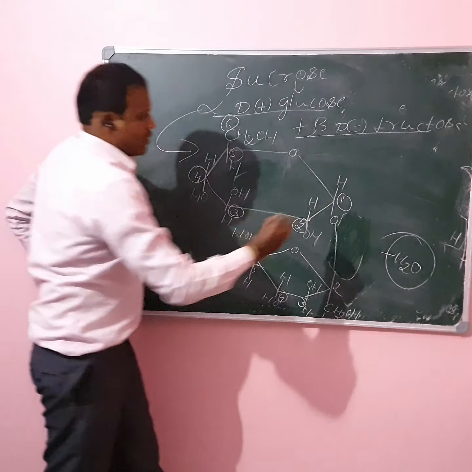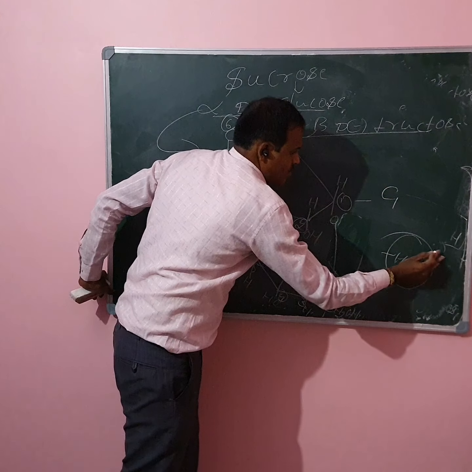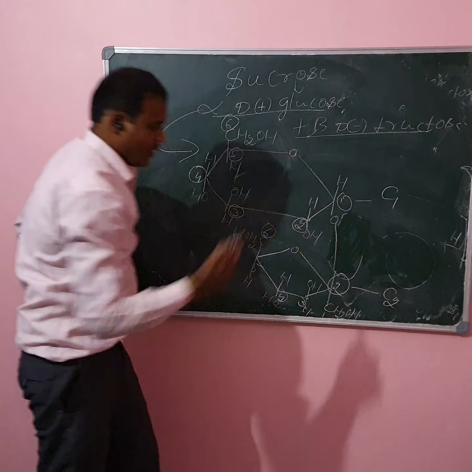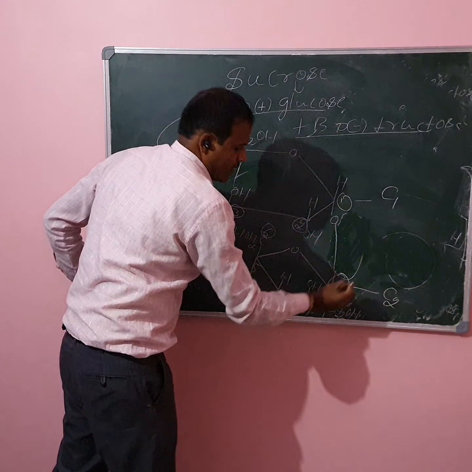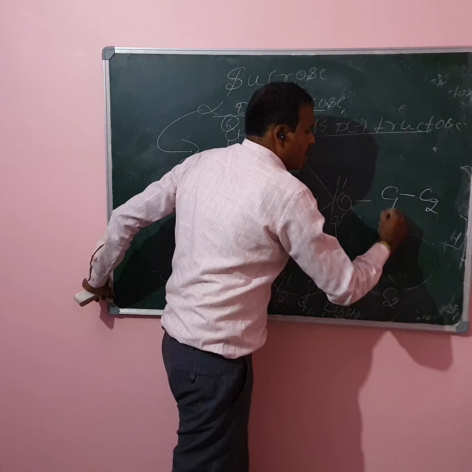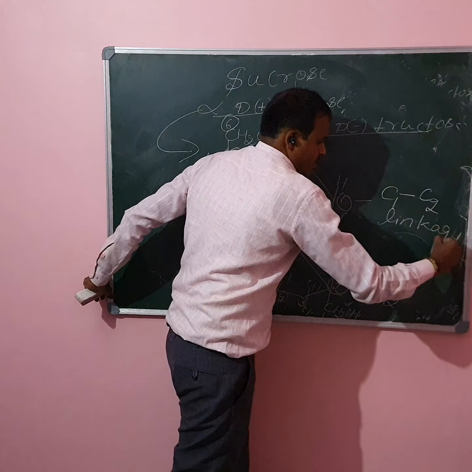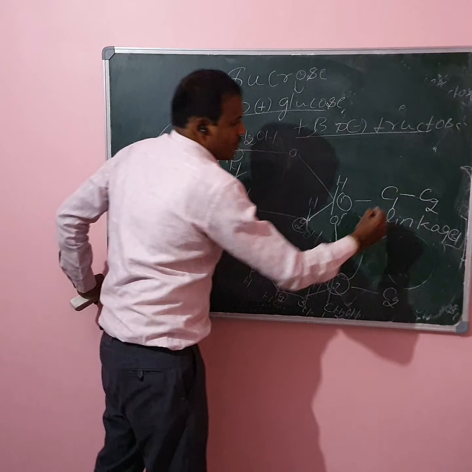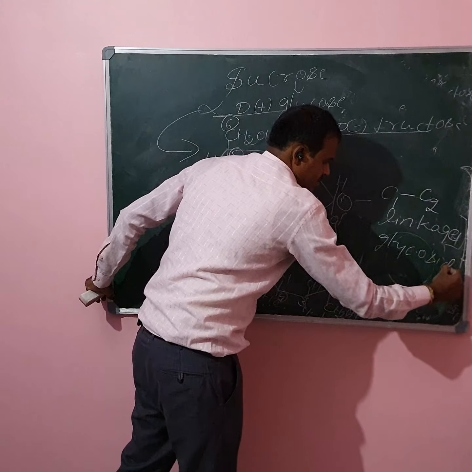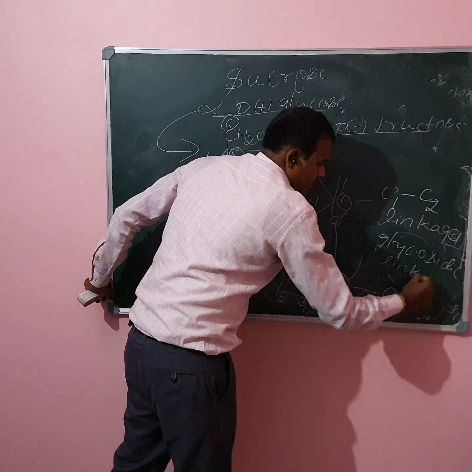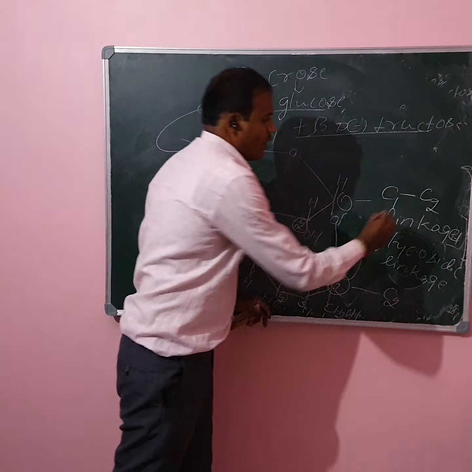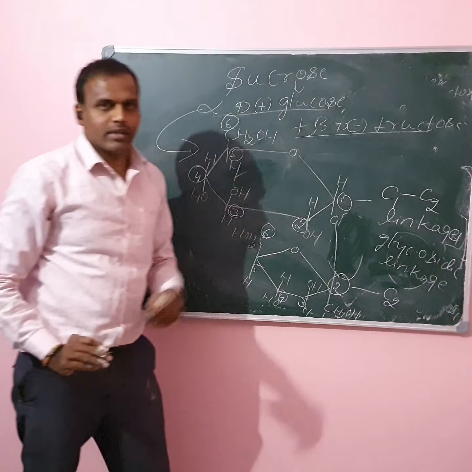This is the C1 position and this is the C2 position, and the C1 and C2 linkage is what is asked in the board exam: C1 and C2 is the glycosidic linkage.